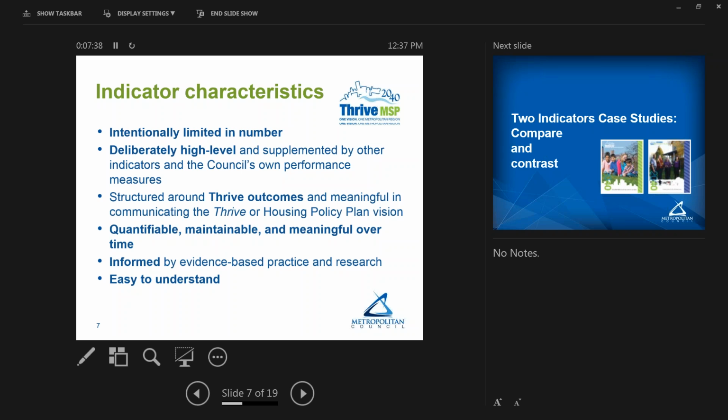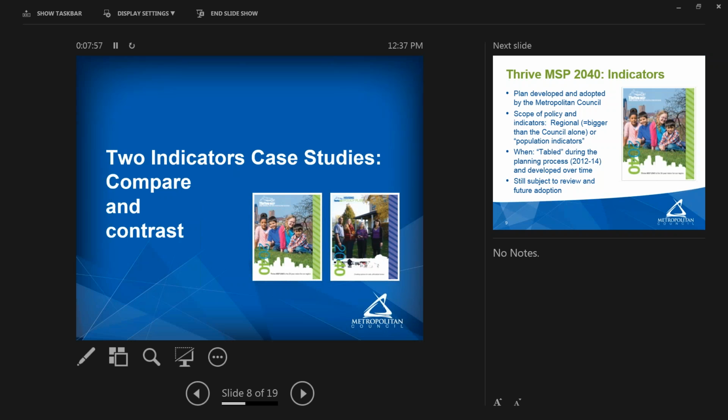One of the pieces where we had struggled over this is, well, here's a great indicator that we can only look at every 5 years. So we tried to say it has to be at least every year in order for it to really be meaningful over time. Informed by practice and research, it's easy to understand, thinking about a lay audience. So in putting these indicators together, we kind of did two different pieces.